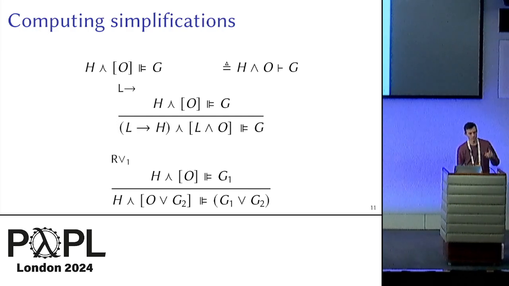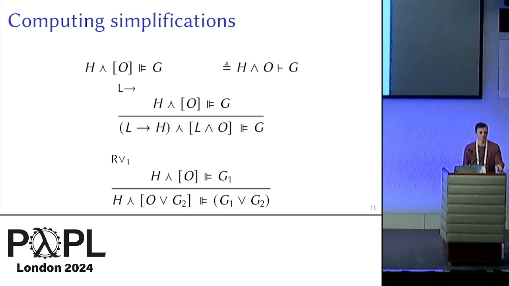So we have these two rules. Now imagine a situation where your hypothesis is an implication and your goal is a disjunction. Now both of them are applicable, and so the order in which you apply these rules matters. So this is already one thing that is hard about computing these simplifications.